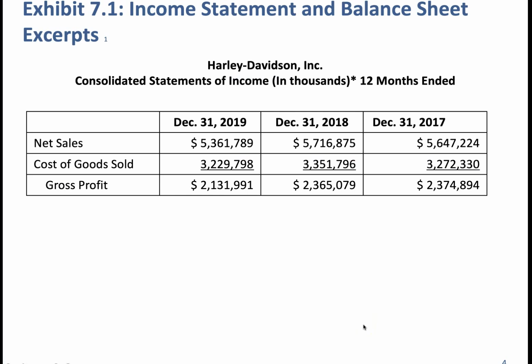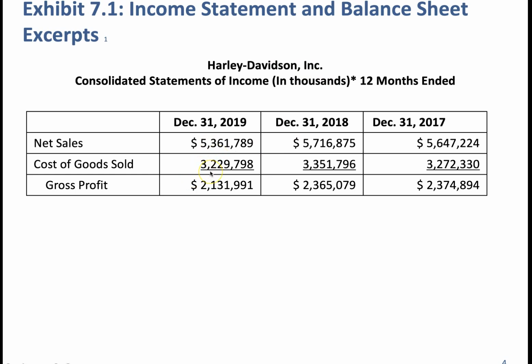Let's take a look at Harley-Davidson's consolidated statement of income, or the income statement. On the income statement, Harley-Davidson reported net sales for 2019 of 5 million plus. All the numbers are in thousands, but I'll just read them as if they are just the numbers.